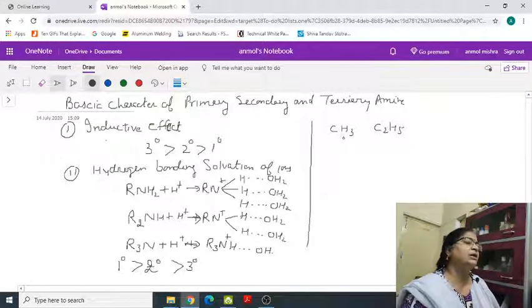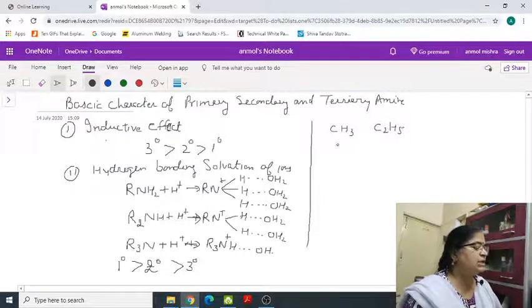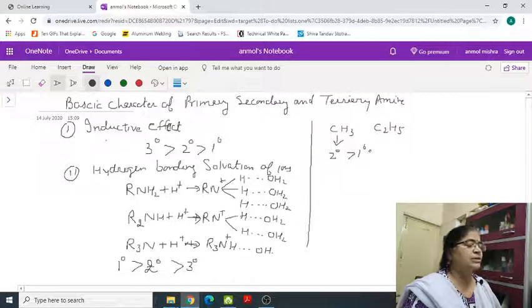So the net effect of these three, that is inductive effect, solvation of ion and steric hindrance, the order of basicity is, in the case of methyl group, secondary, then primary, then tertiary, then ammonia.